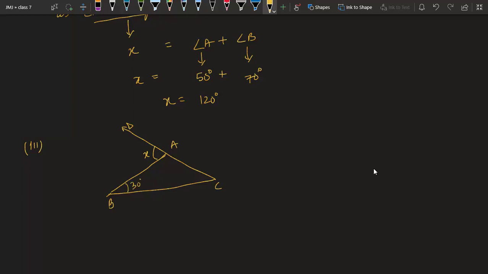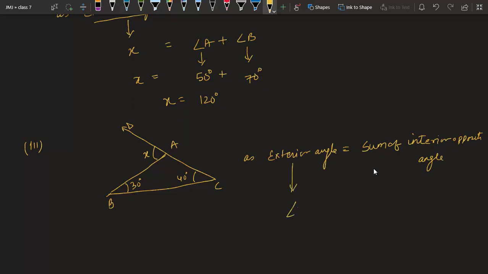These are the interior opposite angles. We will use the same statement: exterior angle is equal to sum of interior opposite angles. Now put the values.